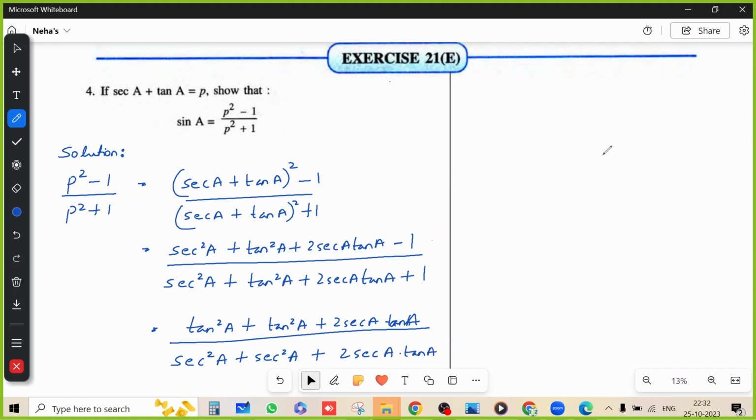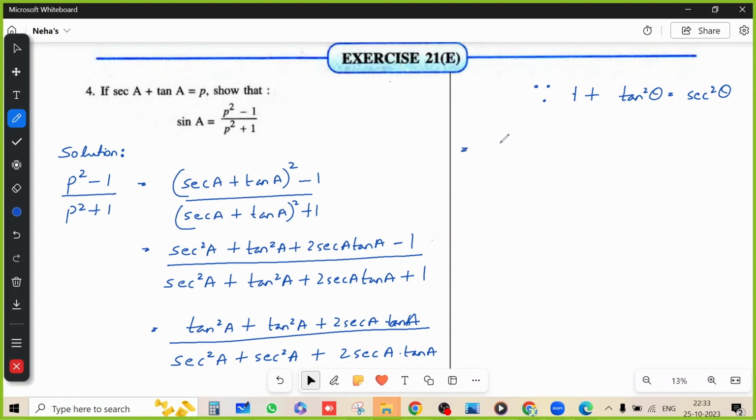The numerator and denominator both are like this because of the trigonometric identity that 1 plus tan square theta is equal to sec square theta. So in the numerator we have used sec square a minus 1 is equal to tan square a, and in the denominator we have used tan square a plus 1 is equal to sec square a.